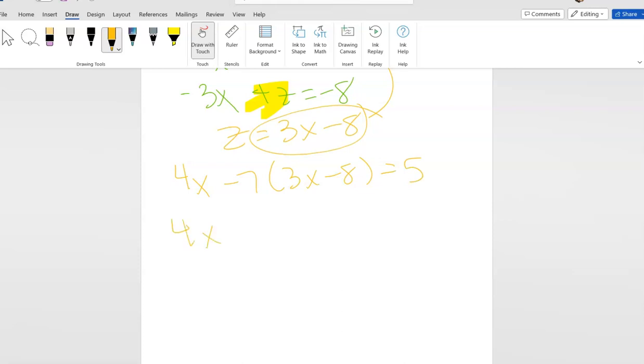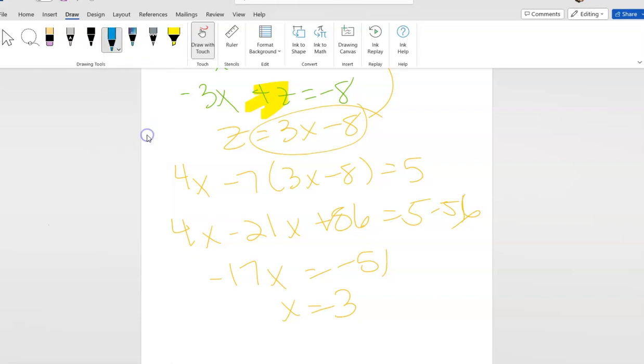So I get 4x minus 21x plus 56 equals 5. So then I have negative 17x, 4 minus 21. And then I'm going to move this over here. So that's negative 51. So x is 3. Okay. And if you obviously didn't know 51 divided by 17, the two negatives cancel out, is 3. You could do that on your calculator.